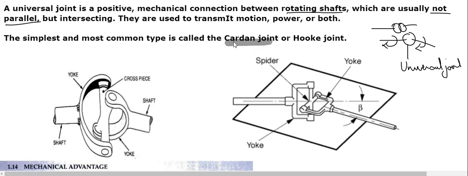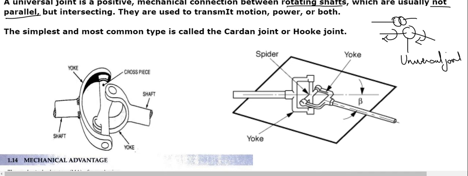Different names are there: universal joint, Hooke's joint, and Cardan joint. Cardan and Hooke are names given after scientists, and it comes under the section of universal joint. So if you hear Cardan joint, Hooke's joint, universal, everything is the same.